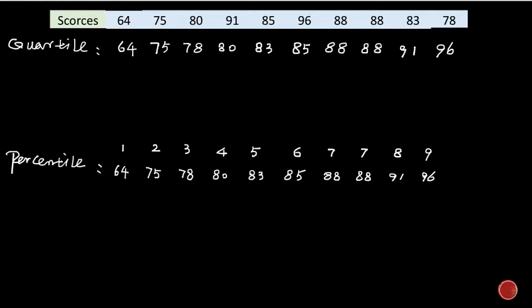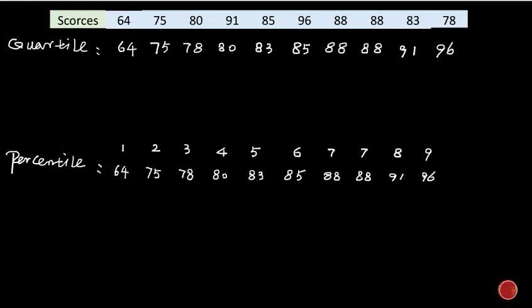In order to find the quartiles, remember, quartiles are the boundaries that divide a data set into 4 parts. So we are going to find 3 boundaries.